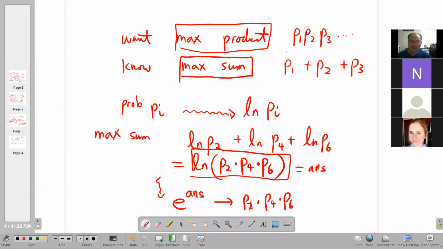Basically, we turn the product into a sum by taking logarithms, and if you want to go back, you take exponentials. We take the original problem and turn all the probabilities into the log of that number. Then we solve the knapsack problem the way that we know how, with dynamic programming. And whatever answer we get as the best possible answer, we exponentiate it to get back the original probability that we're looking for.